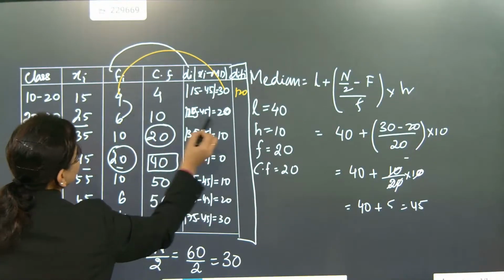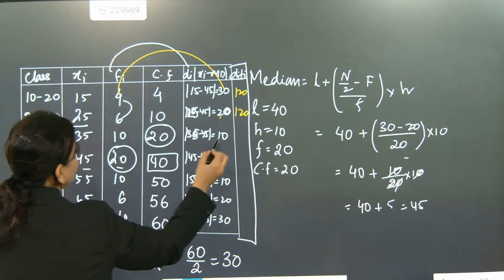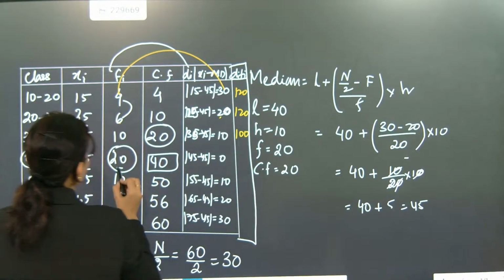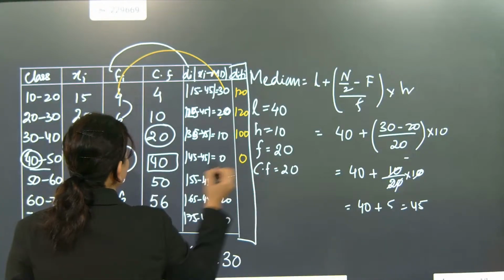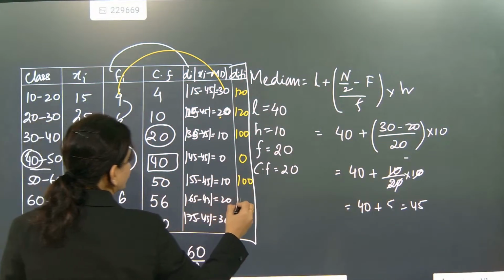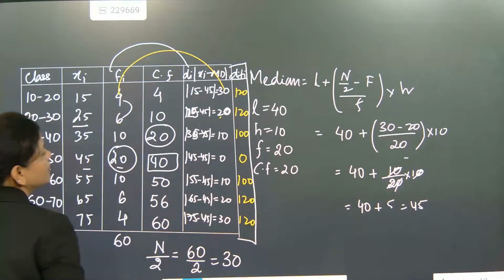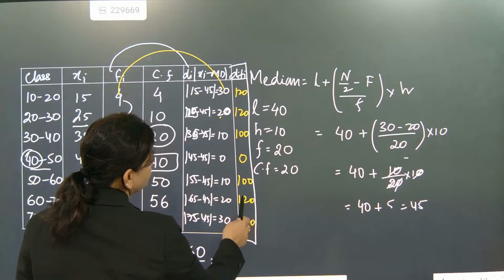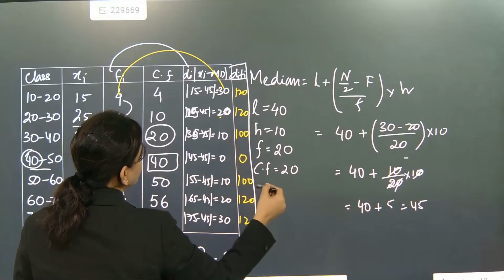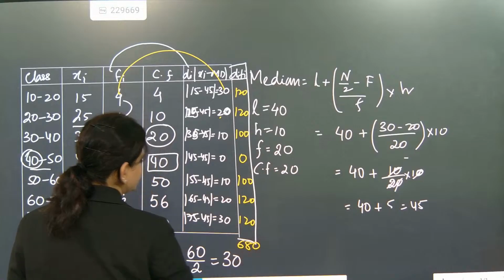Now 6 will multiply with 20, it will become 120. 10 will multiply with 20, it will become 100. This one will become 0, this one 100, this one 120, and this one 120. Okay, so now adding everything, it will become 680.